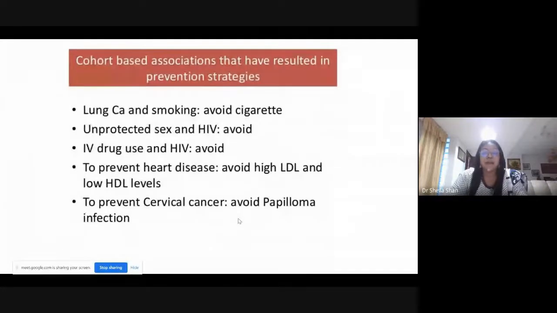To prevent heart disease, avoid high LDL and low HDL levels. So to prevent heart disease, we must avoid high LDL. To prevent cervical cancer, you have to avoid infection. So we know what the prevention strategies are.